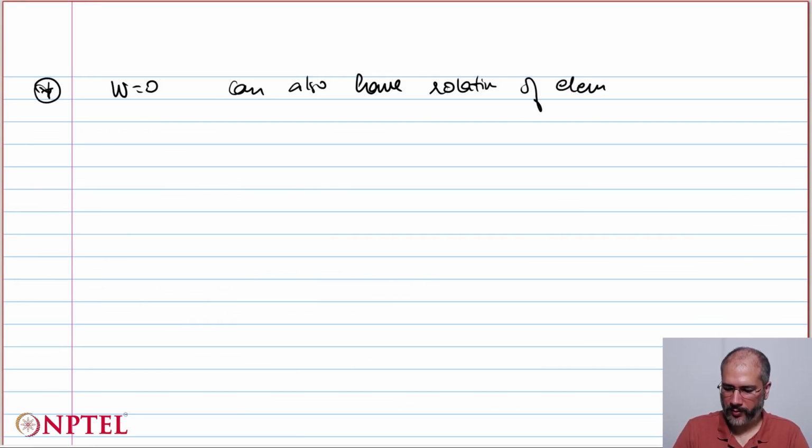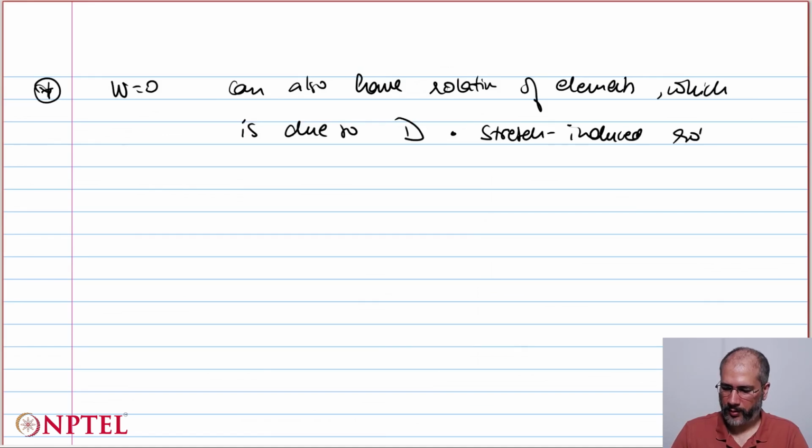So from these two examples, we notice that W equal to 0 can also have rotation of elements which is due to D, and that is called the stretch-induced rotation.